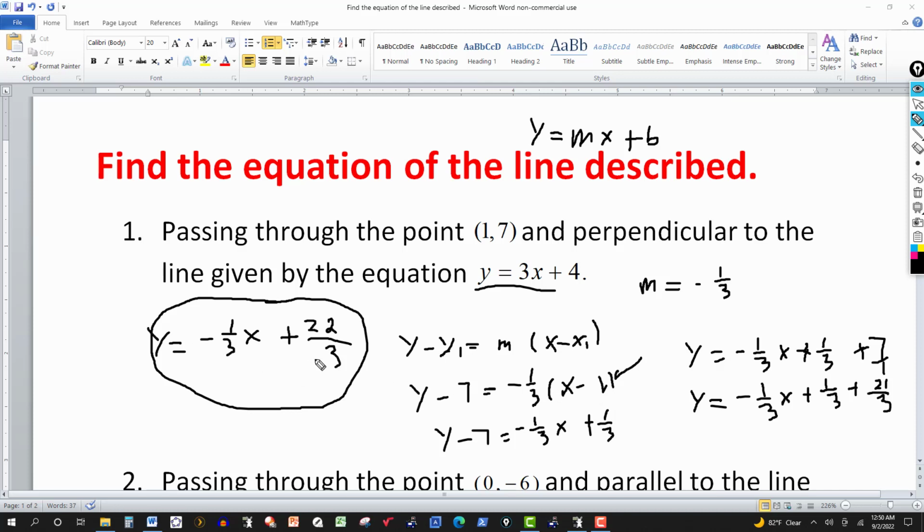I could write this in standard form by multiplying everything by 3 and bringing the minus x over. So this would be minus x plus 3y equals 22. This would be your standard form of the line.